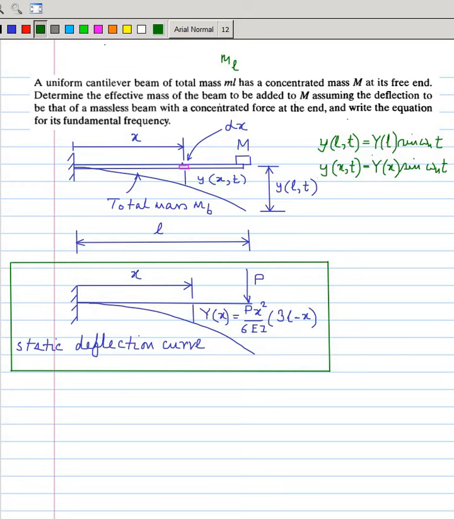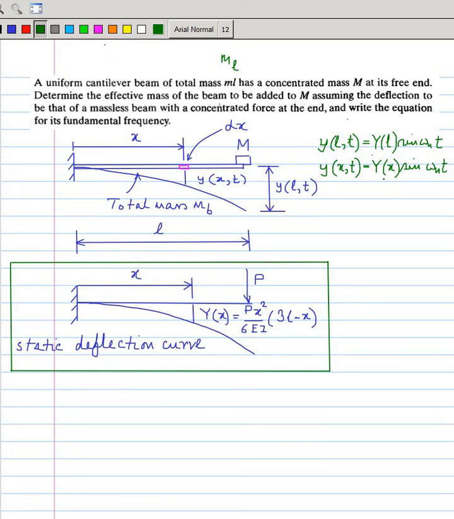Now in Rayleigh's method, we assume that the motion at any point can be expressed in terms of a single point, and here it is the point where capital M has been placed, the tip mass.